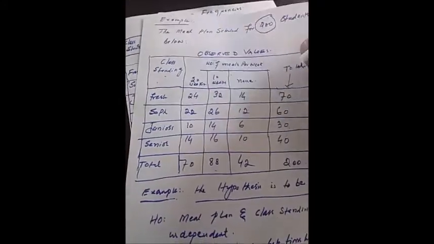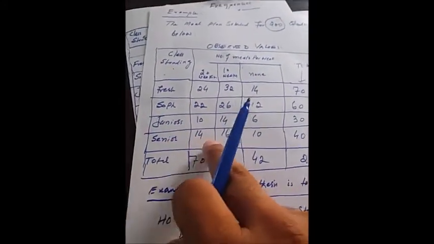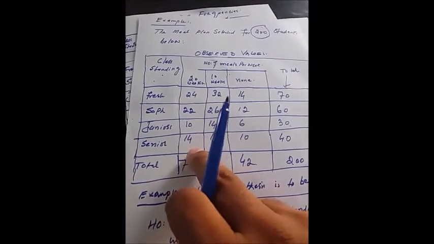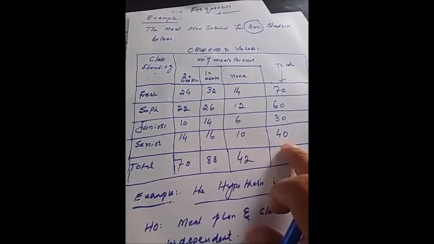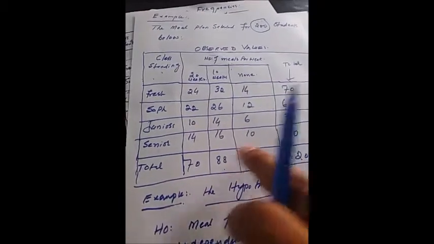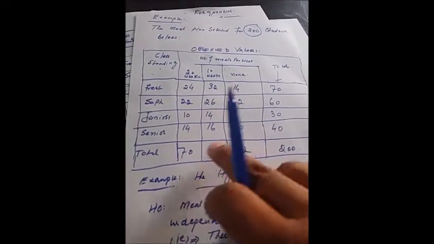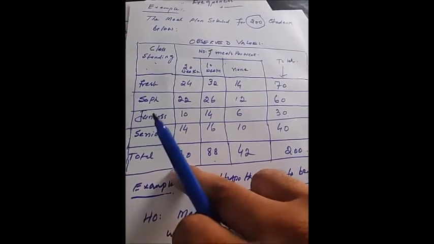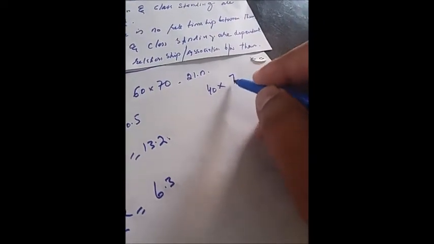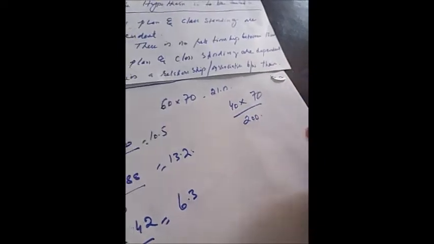Okay. So with the same method, from the observed value, we have to find out the expected values for senior. For the senior, the row total is 40, and the column total for 20 weeks is 70. So it means 40 multiply 70 divided by 200.